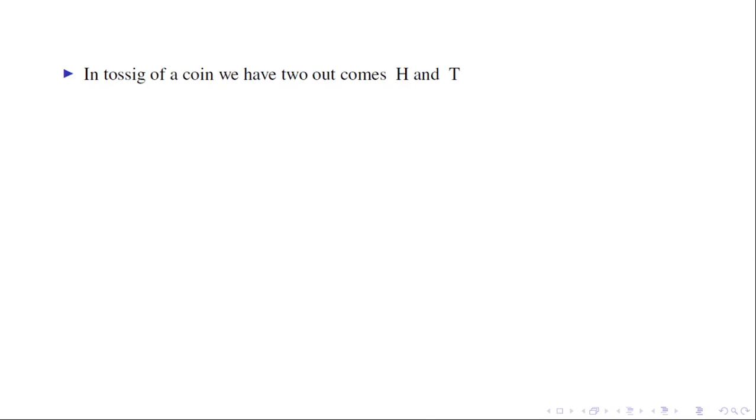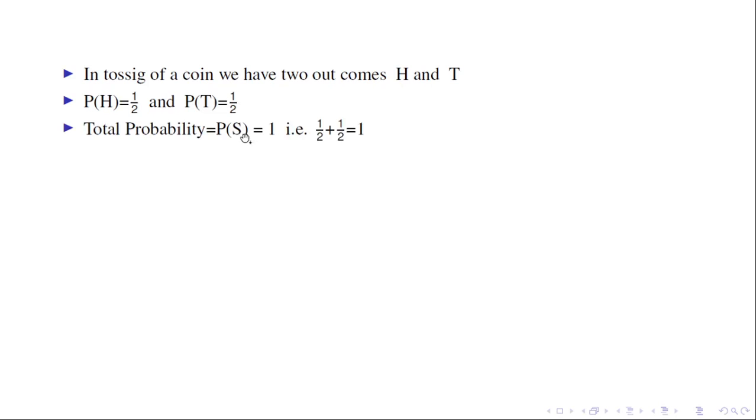Before going to prove the theorems, we just recall some basic things. In tossing a coin, we have two outcomes, namely H and T, head and tail. The probability of getting head is 1 by 2 and the probability of getting tail is 1 by 2.